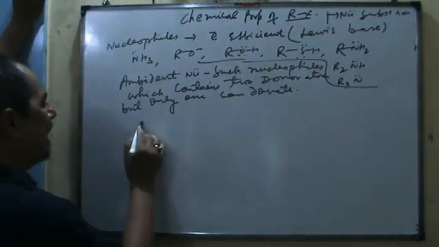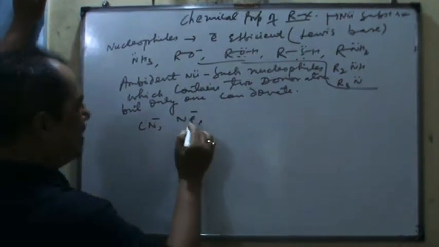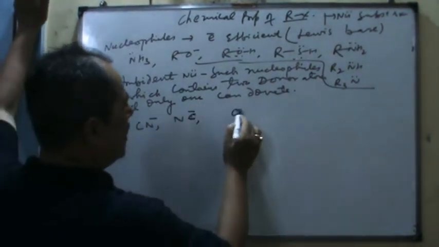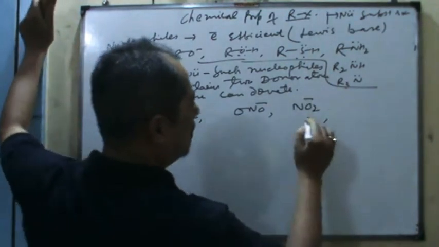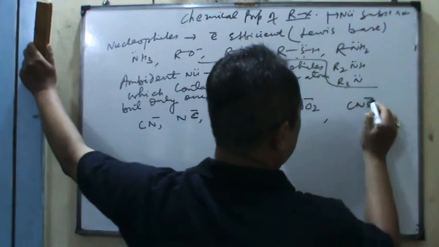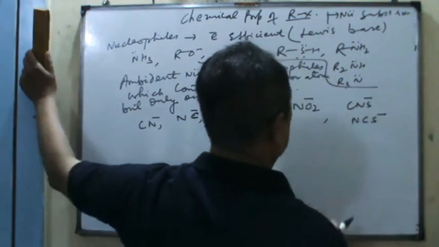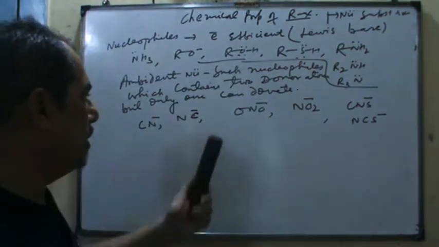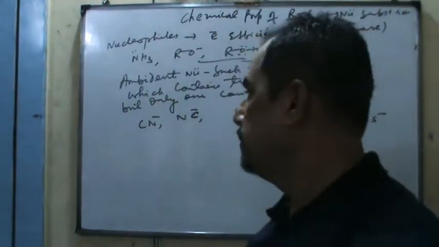So cyanide, isocyanide, nitrite, nitro, thiocyanate, isothiocyanate are the typical examples of ambident nucleophiles.